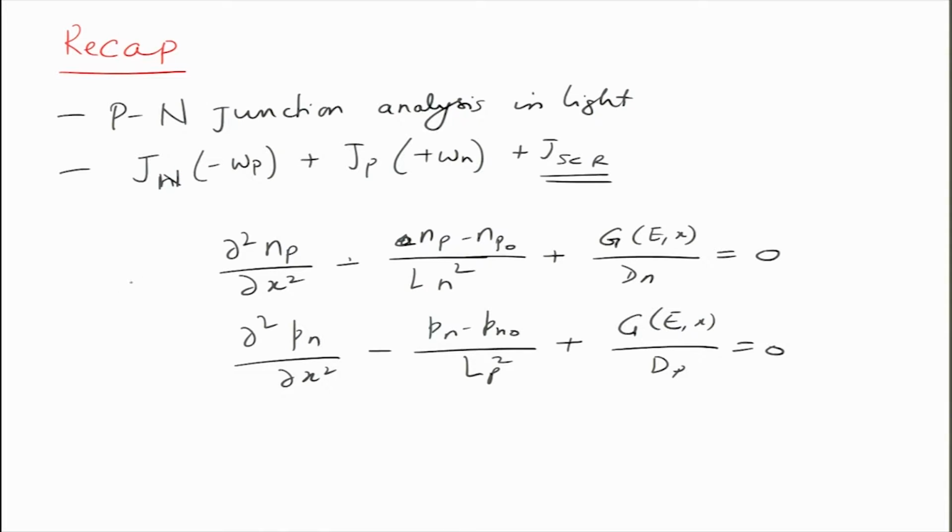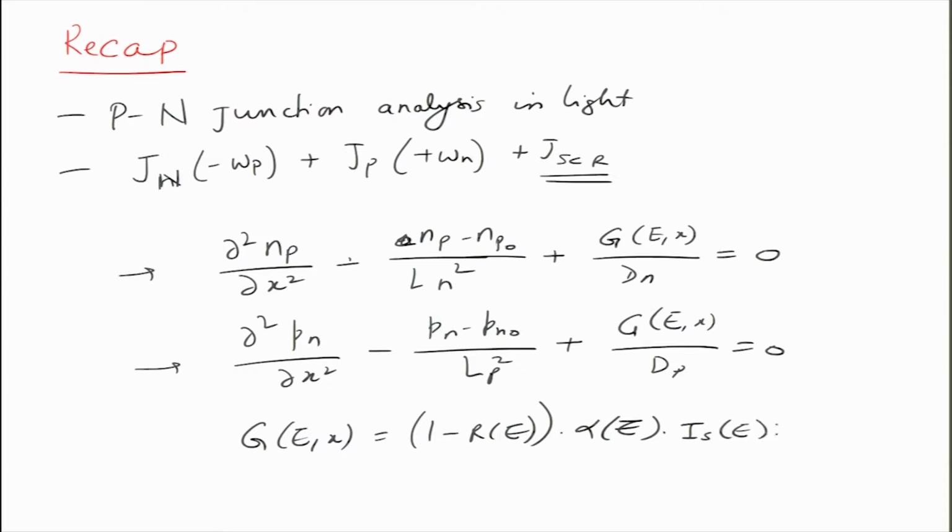So, one is for electrons and another is for holes, both are minority carriers, and we looked at Gex, which was equal to (1 minus Re) into alpha into the incident radiation, into e to the power minus alpha x.